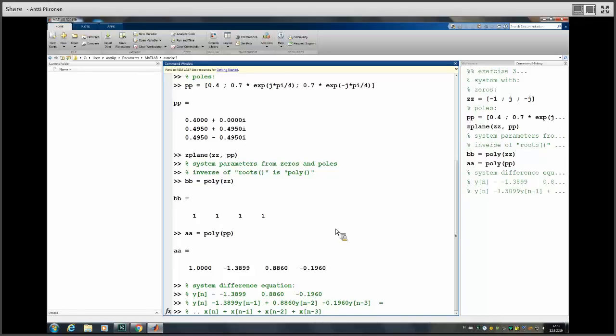There we go. That's the difference equation and system parameters.